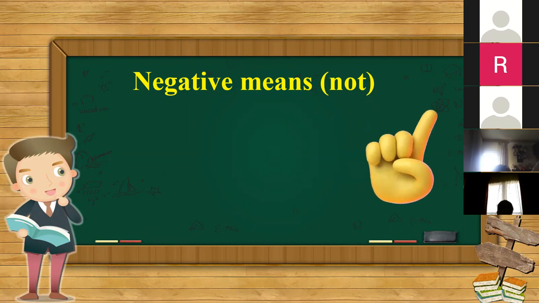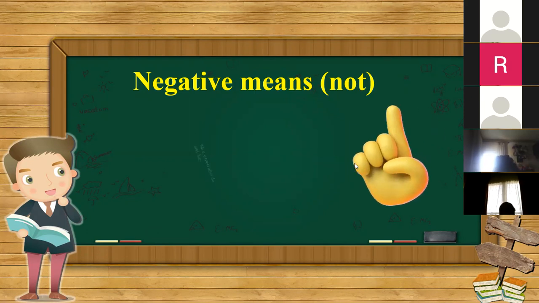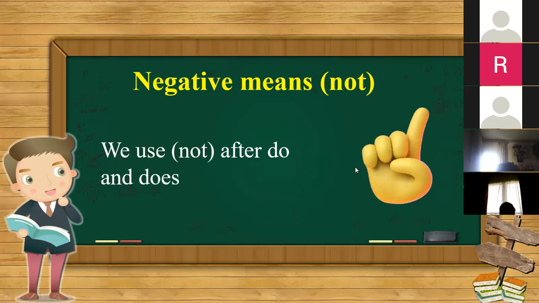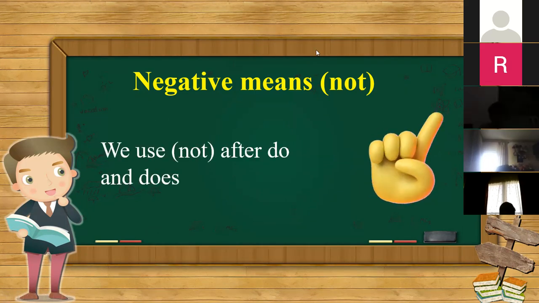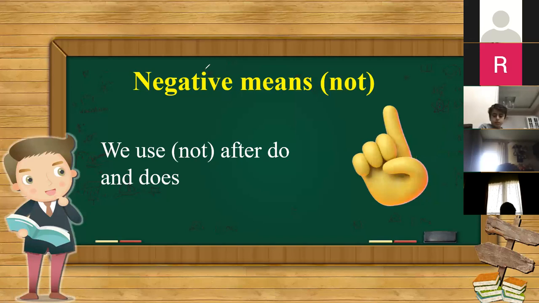So we have to add not to the helping verb to make the negative form of any tense. We use not after do or does.